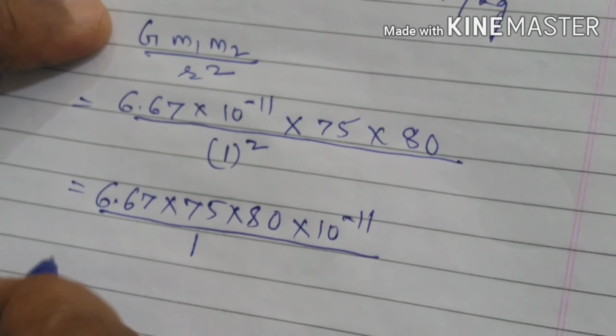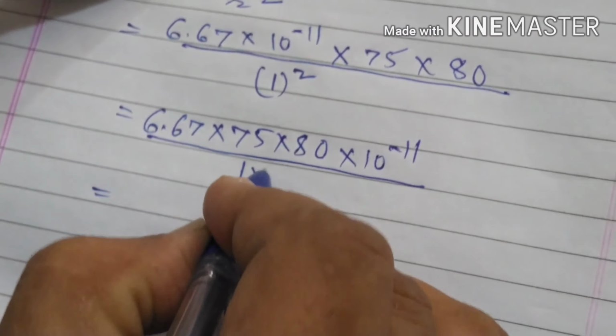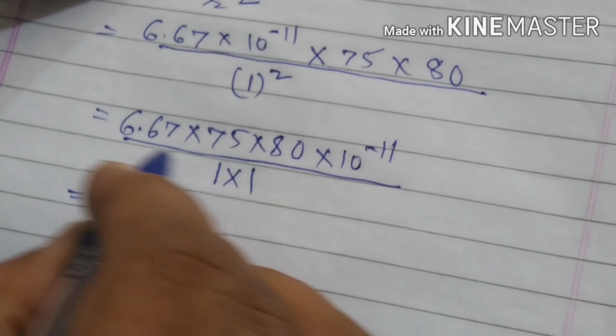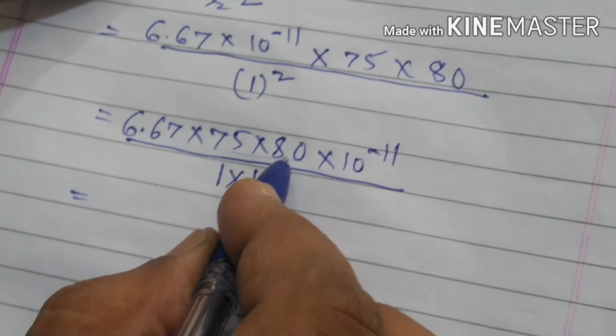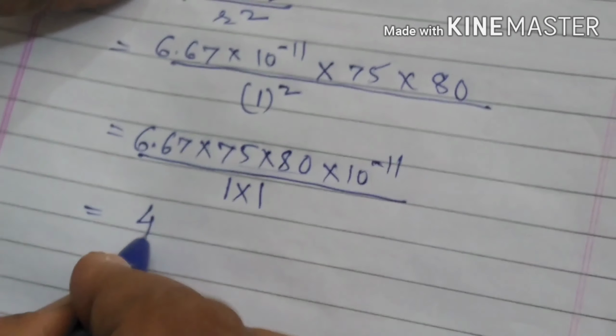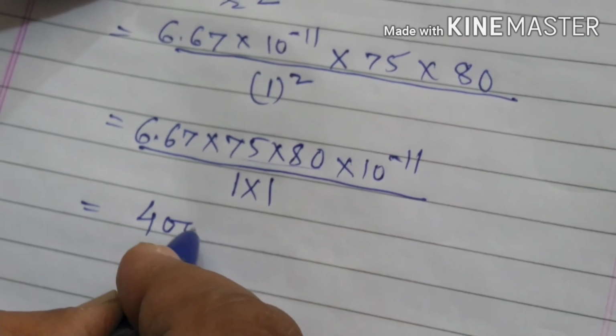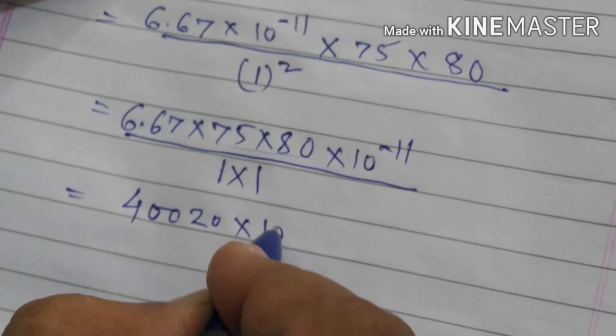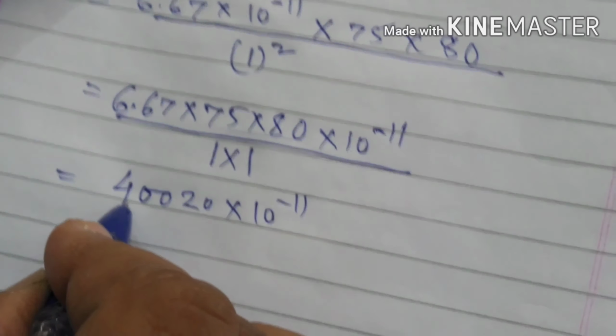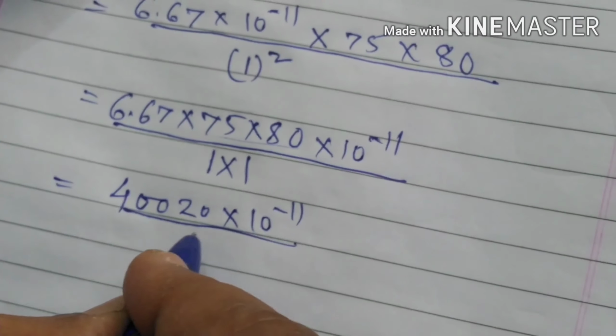Now after simplifying 6.67 into 75 into 80, we are getting the value 40020 into 10 raised to minus 11. And 1 into 1 is nothing but 1.